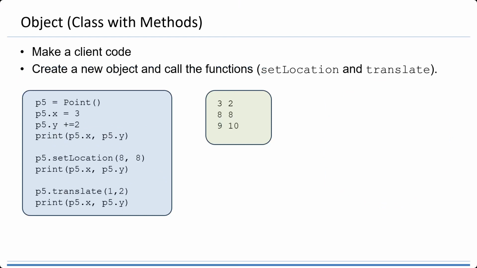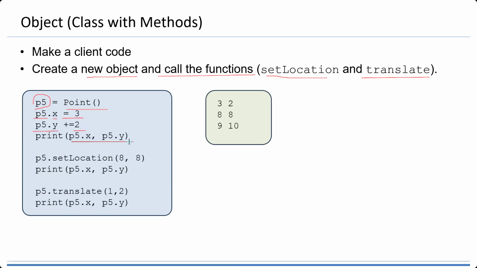Now let's make the client object. Make the client code, and let's create a new object and call the function. So I'm calling the set location and I'm calling the translate. Let P5 be a point, and then P5 dot x is 3 and P5 dot y is plus 2.